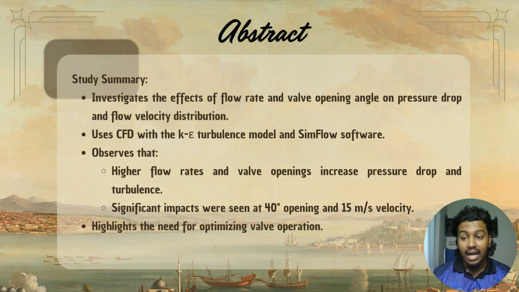Higher flow rates and large valve openings caused significant pressure drops and turbulence. For example, when the valve was at 40 degrees opening and the flow speed reached 15 meters per second, we observed peak turbulence and pressure drop. This study provides a roadmap for optimizing valve operations to minimize energy losses.